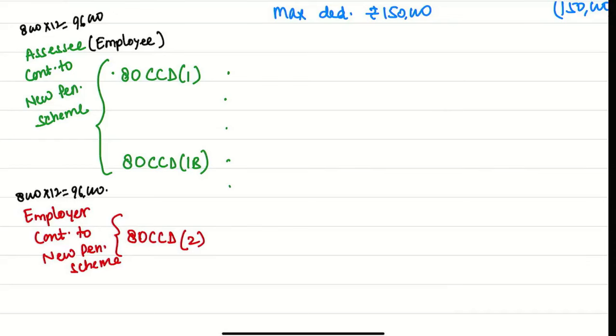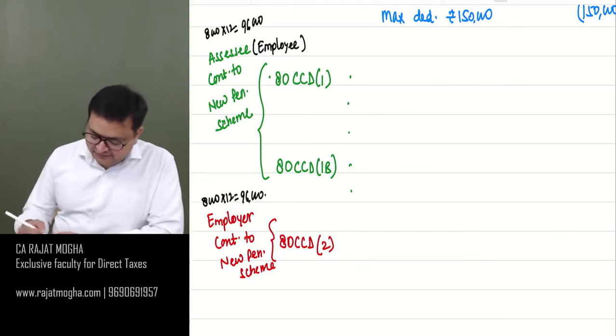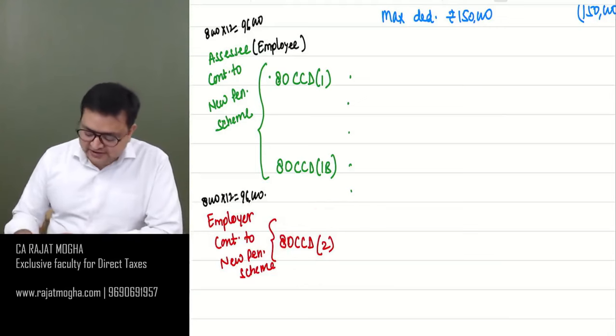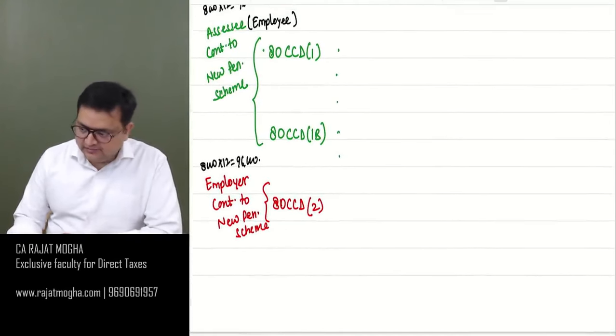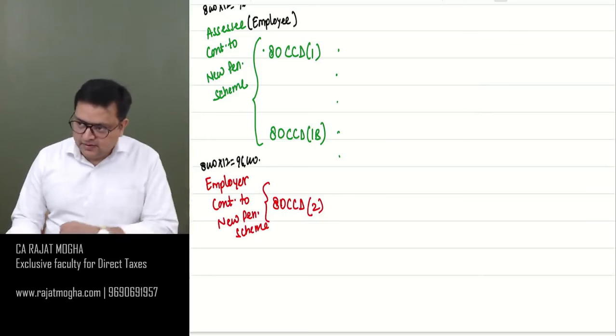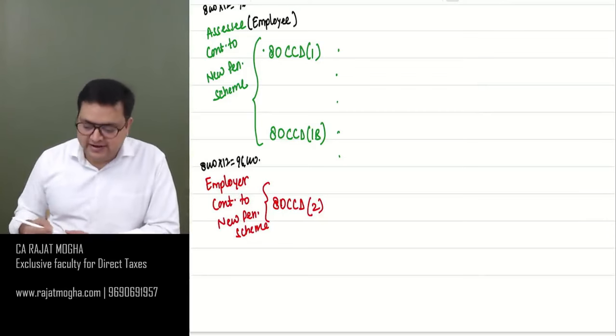Now, 80CCD2. First, I am coming to the last one. Let me discuss with the first one, this one. So 80CCD2 is this employer contribution. How much deduction we will get?